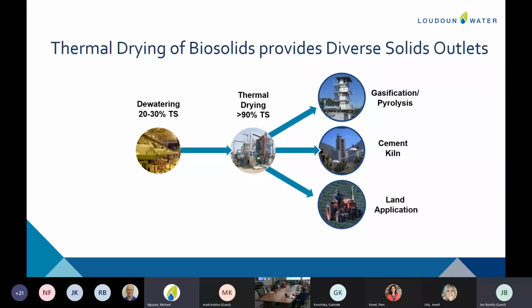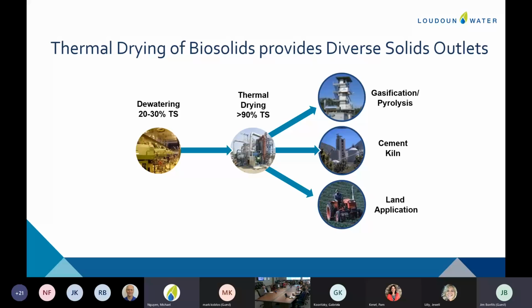So really about half of our solids will go through digestion, half will go straight to the thermal dryer. But this is now the treatment technology reducing pathogens and reducing solids. And this is what's being used out at UOSA, which is the one we went and took a look at.